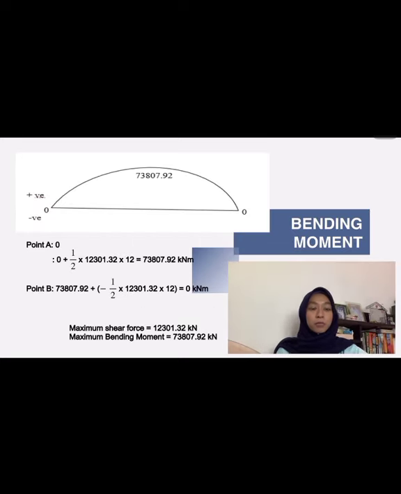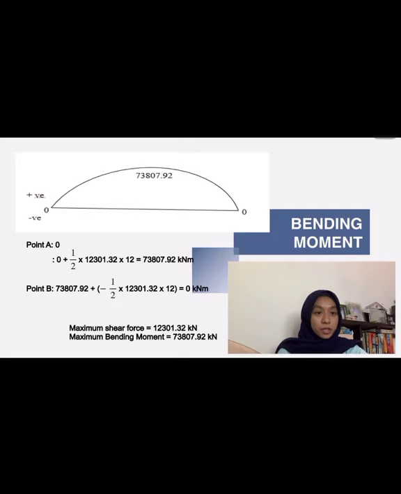For bending moment diagram, point A we will get 0, which is 0 plus 1 over 2 multiplied by 12,301.32 multiplied by 12, and we will get 73,807.91.